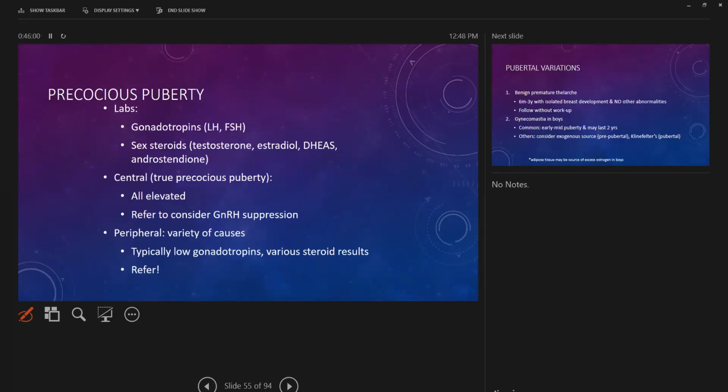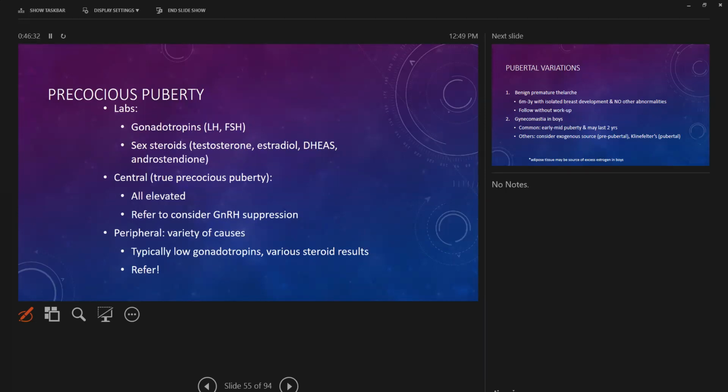So labs for that include the gonadotropins, sex steroids like testosterone and estradiol, DHEAS, and androstenedione. Central causes, we would see them all elevated. That means it's at the brain. We're going to refer or consider that there may be some gonadotropin releasing hormone suppression, and so we would refer.